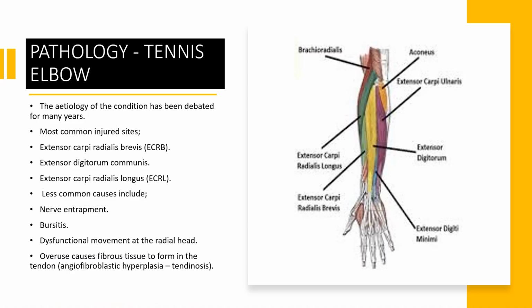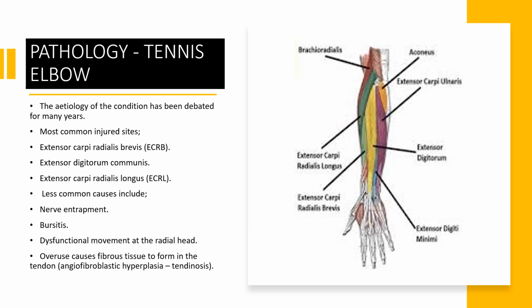So the etiology, or the cause of the condition, has been debated for many years. Here are the most common injured sites: the extensor carpi radialis brevis, which you can see on the picture, the extensor digitorum communis, and the extensor carpi radialis longus.